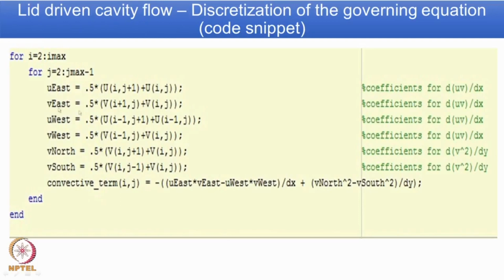U east, V east, then U west, V west, V north, V south, all are individually evaluated based on the expressions that we have defined in the previous slide. Then all are put together as convective term I comma j equal to minus one term plus the other term. So, these are individually written here, coefficients for d u v by dx, coefficients for d u v by dx and so on for each line.